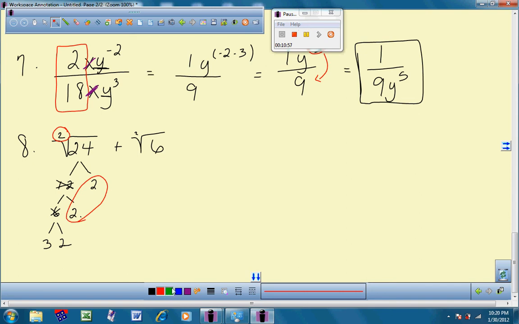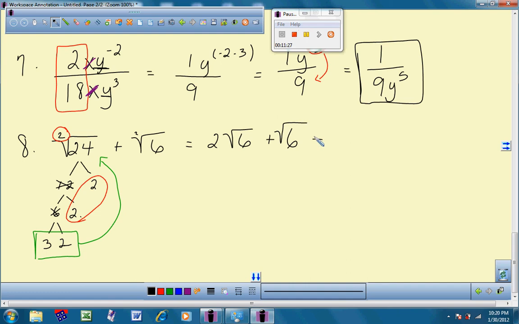If there is anything that cannot be grouped or paired up, we are simply going to multiply them together and leave them inside the radical. Alright, I'm going to pull my pairs out, which is 2. I have 6 left over that stays inside. Don't forget about the rest of our expression here, which is plus the square root of 6.